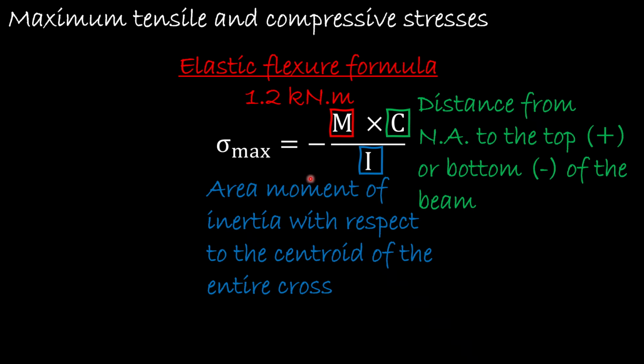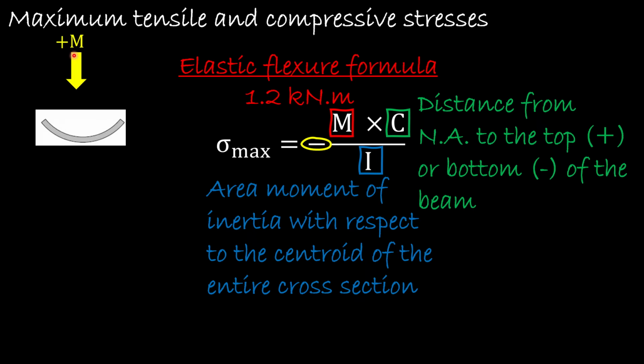Now you'll ask a question, what is this negative? Why do we have negative? Let's think about it together. Let's take a look here on the top left-hand corner. Here we are told that we have positive moment. Great. What does that mean? It means that the beam will concave like this, concave up.